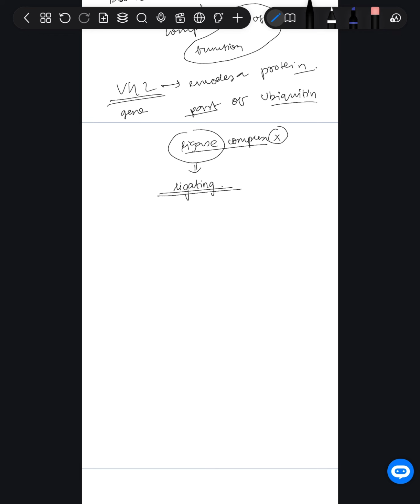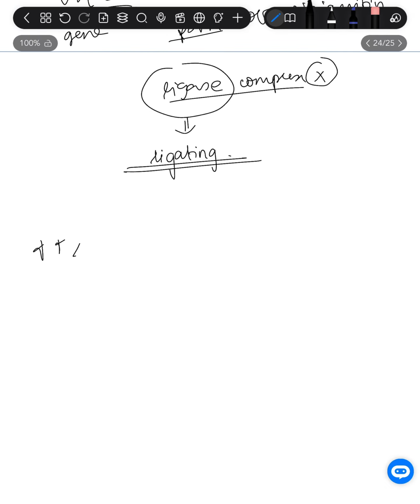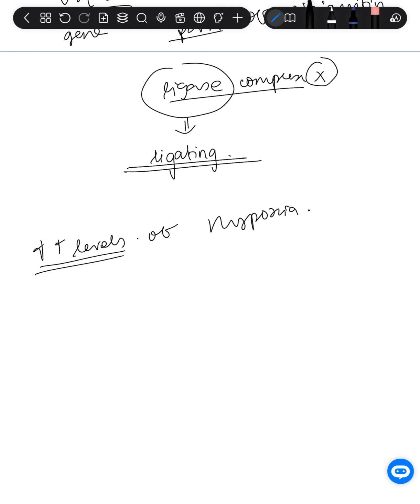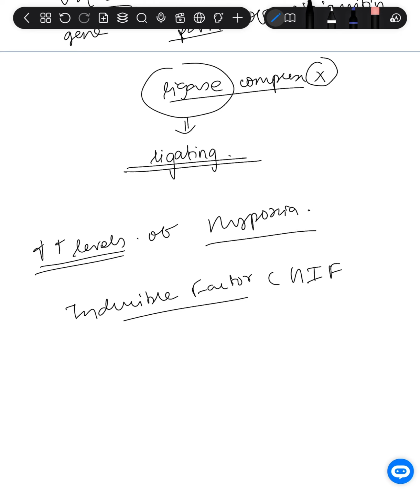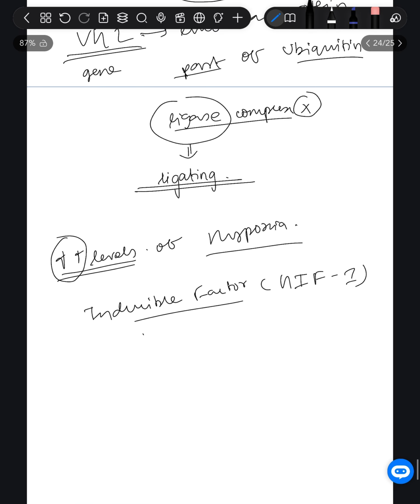What will happen is, because it is not there, there will be an increase in the level of hypoxia inducible factor. Because this work is not done, we have an increase in HIF, HIF1.